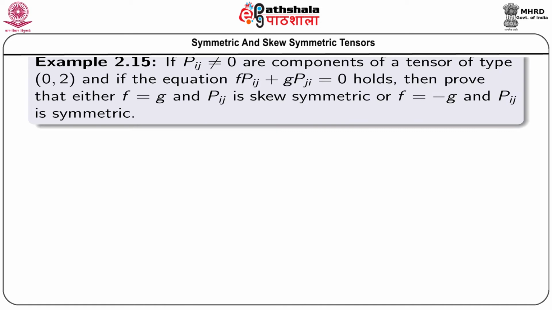Now, let us see an example. If Pij are the components of a non-zero tensor of type 02, and if the equation f Pij plus g Pji equals 0 occurs, then either f equals g and Pij is skew symmetric, or f equals minus g and Pij is symmetric.